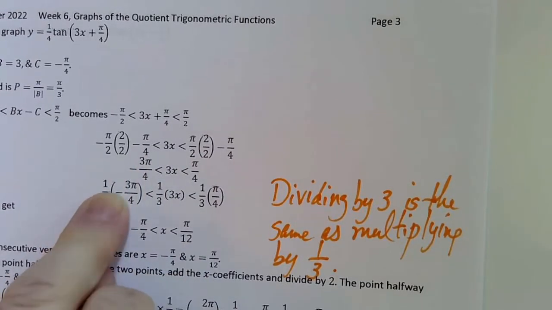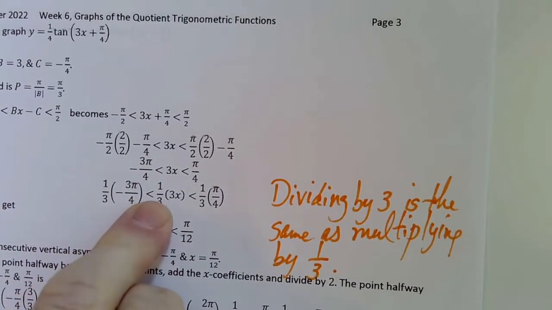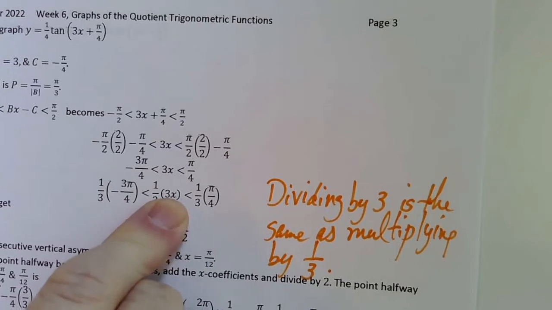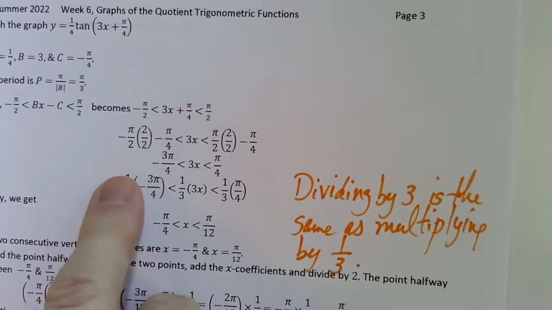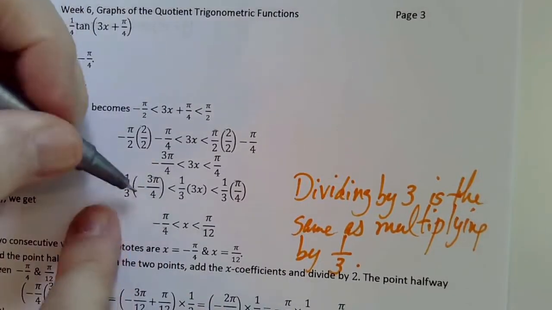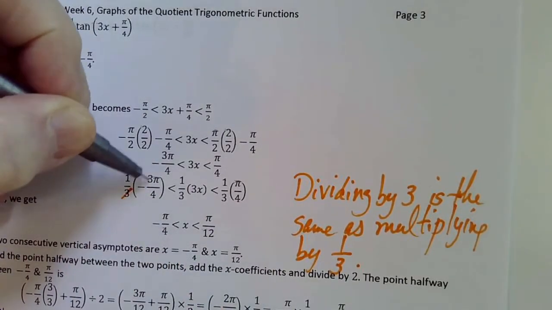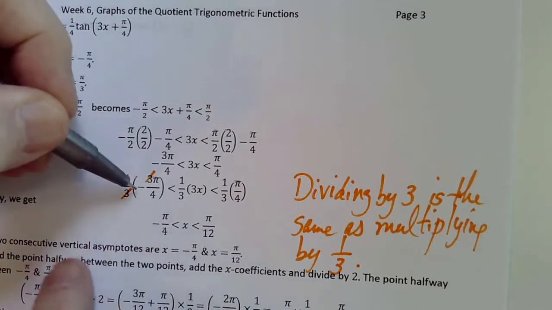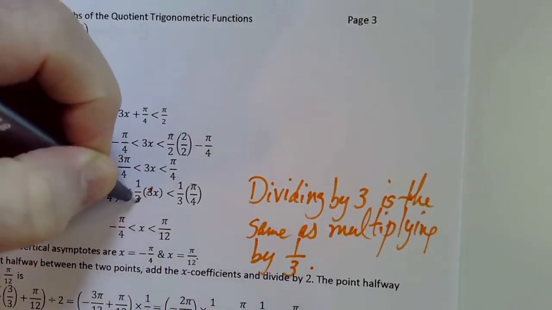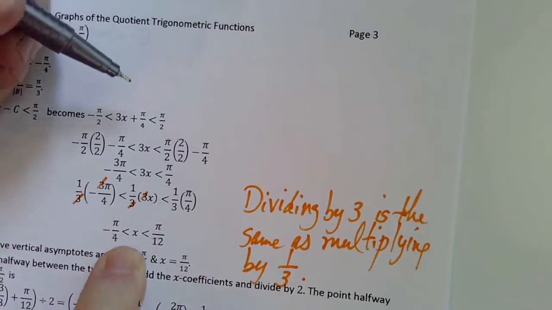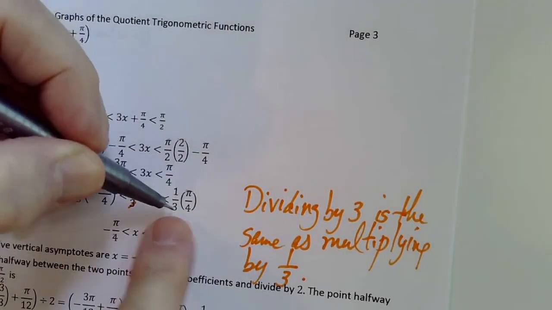So I have 1/3 times negative 3 pi over 4 is less than 1/3 times 3x is less than 1/3 times pi over 4. And let's see what happens here. It looks like on the left, the 3's divide out, and we're just left with negative pi over 4. In the middle, the 3's divide out, and we're just left with x. And on the right, we have pi over 12.